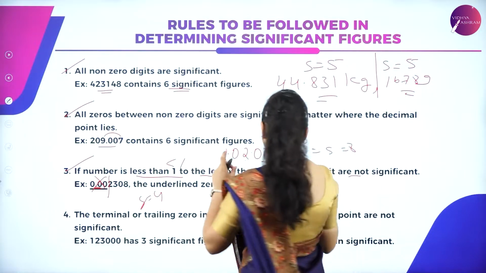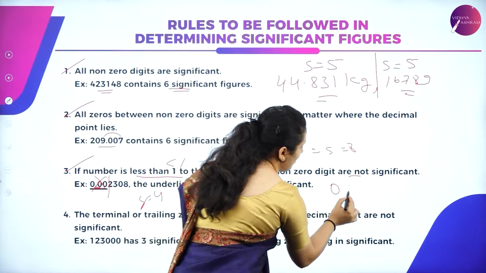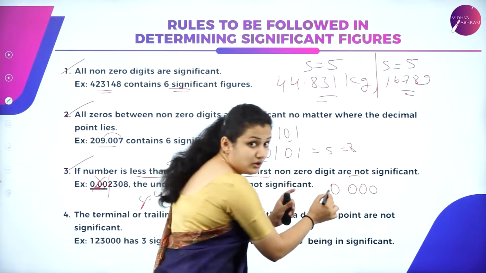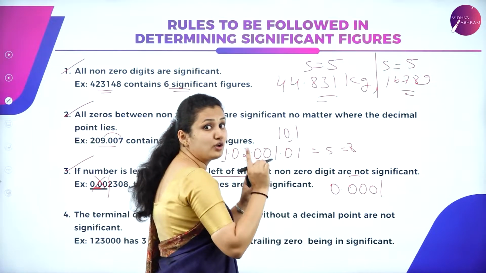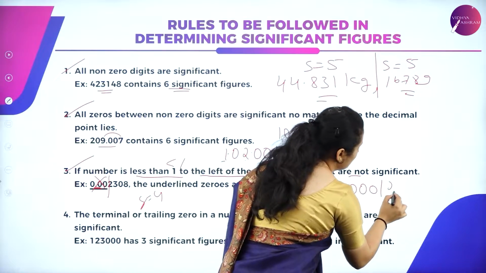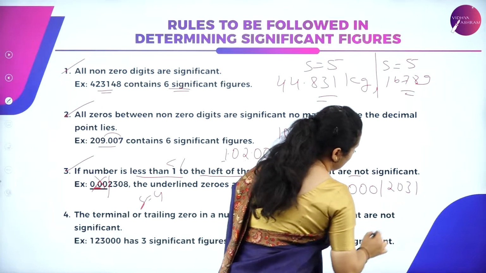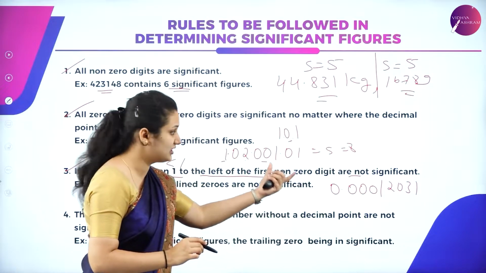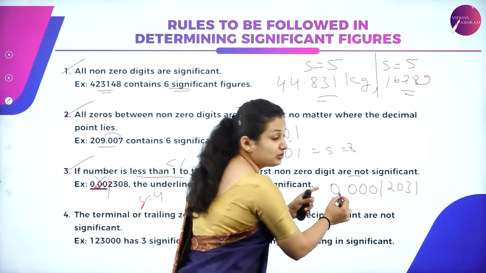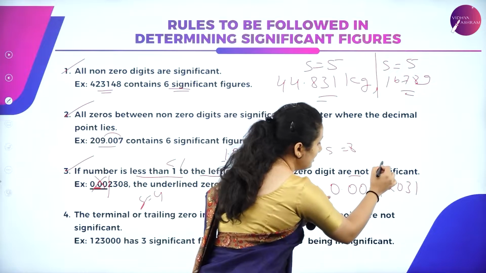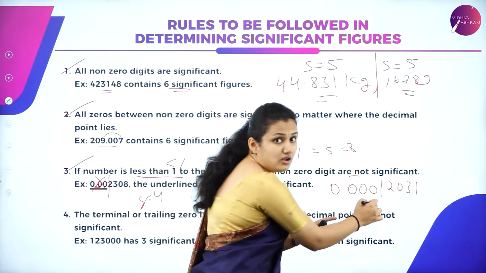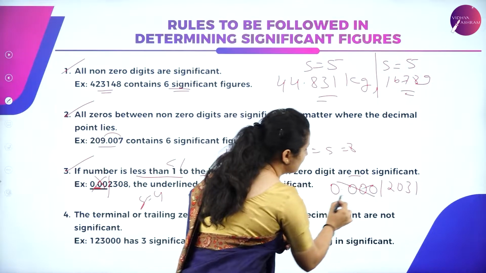So analyze. I'll take one more example. 0.000 with zeros to the right of the decimal point up to the first non-zero digit, then 1, 2, 0, 3, 1. So these are the zeros to the right of the decimal point and to the left of the first non-zero digit, and they are insignificant.